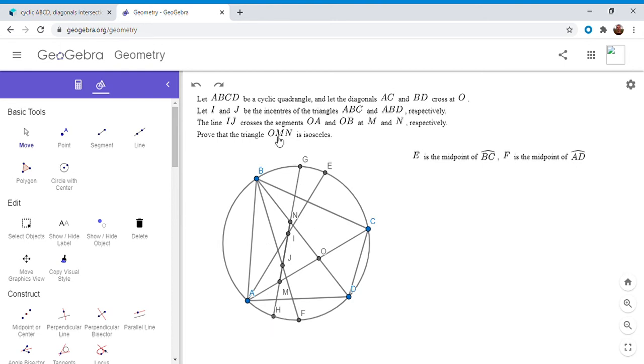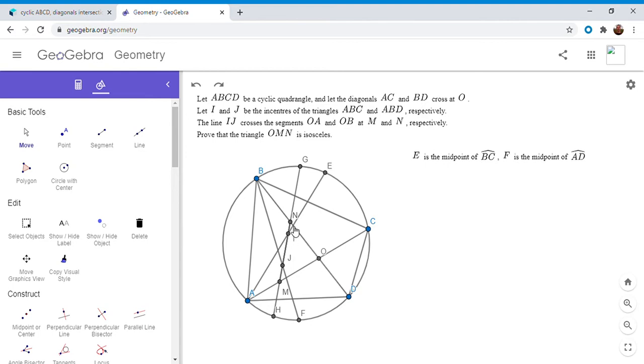Basically, we want to show that triangle OMN is isosceles. That's the same as showing that angle ONM is equal to angle OMN. Now, how do we get a handle on angle ONM? There's a certain theorem, which I brought up before on my channel: the angle between any two chords in a circle is always equal to half the sum of the intercepted arcs.